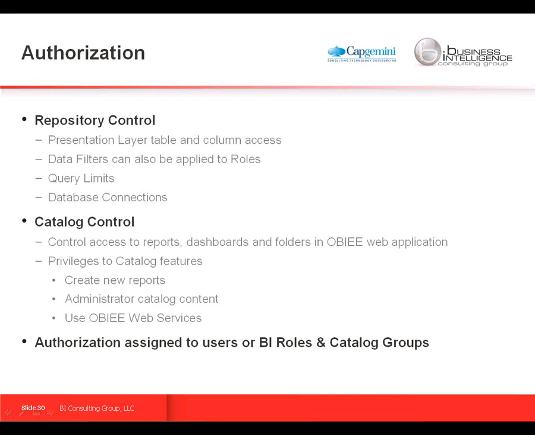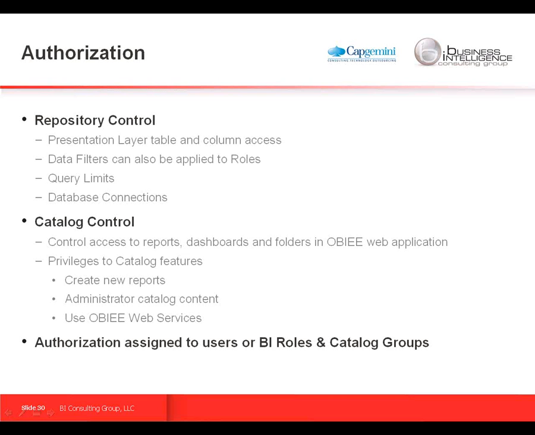Then in the actual web catalog, the reports and dashboards components that users are going to see, we can also control the folder structure as well as specific reports and dashboards, who can see what.